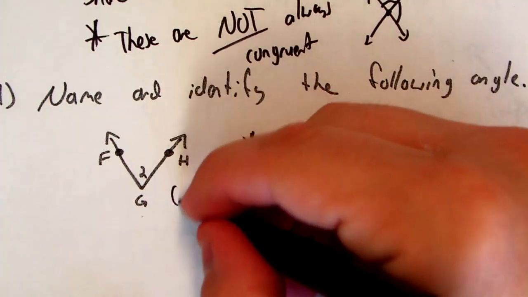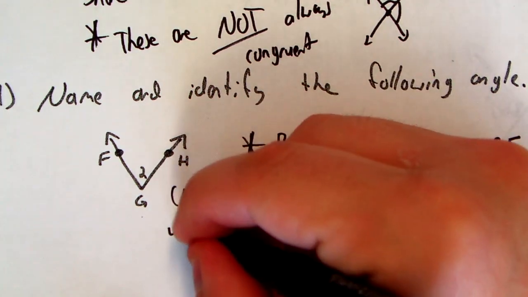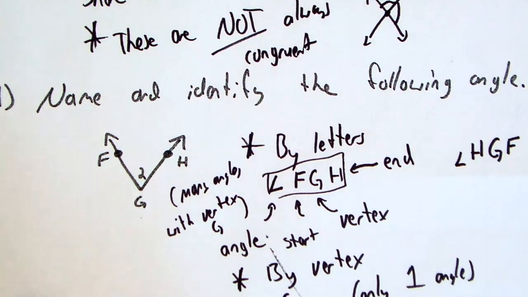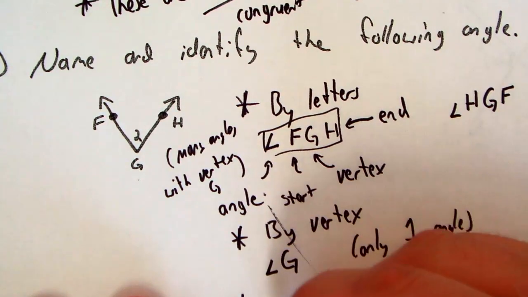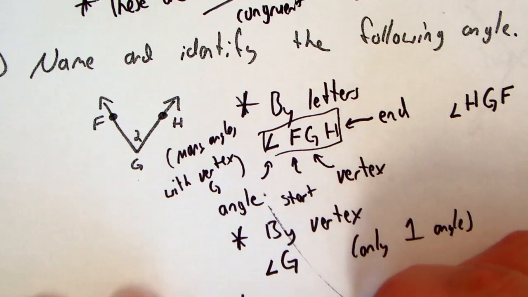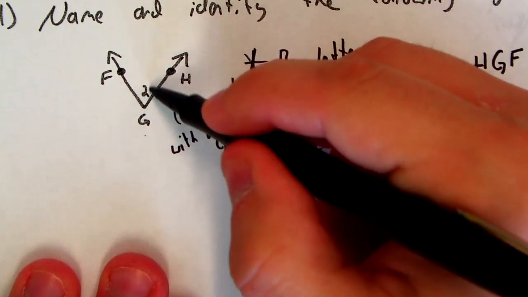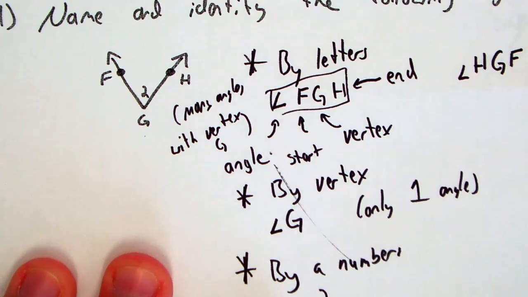So this one is going to be many angles with vertex G. And we'll look at that in a little bit here too. The last one, though, is by a number. And sometimes each of these angles does have a number associated with them. So here's the number 2, so we could call this angle 2.